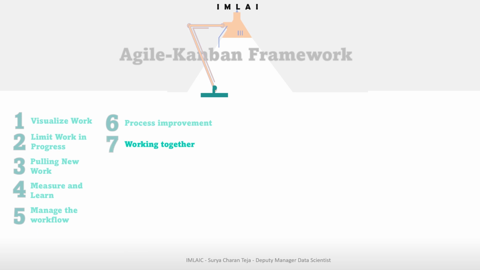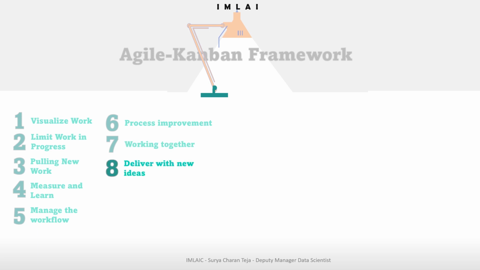And the seventh principle is working together in a collaborative way. In this methodology, the business people and developers must work together daily throughout the project. The best architects, requirements, designers, and developers emerge from self-organized teams, and that too when you work together collaboratively.